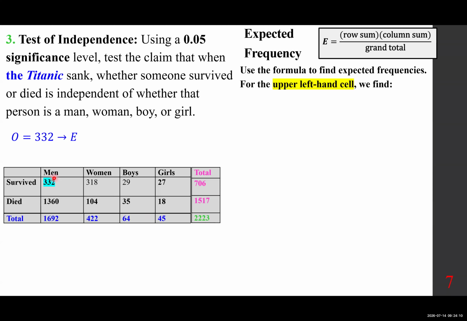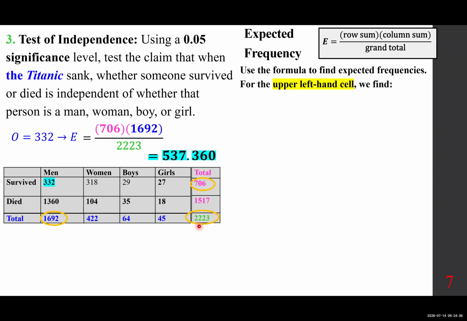So the observed value is 332 for this cell. According to this formula, the value should be the row sum, which is 706, times the column sum, which is 1692, and then divided by the grand total, which is 2223. Okay, so multiply these two, divide by this.